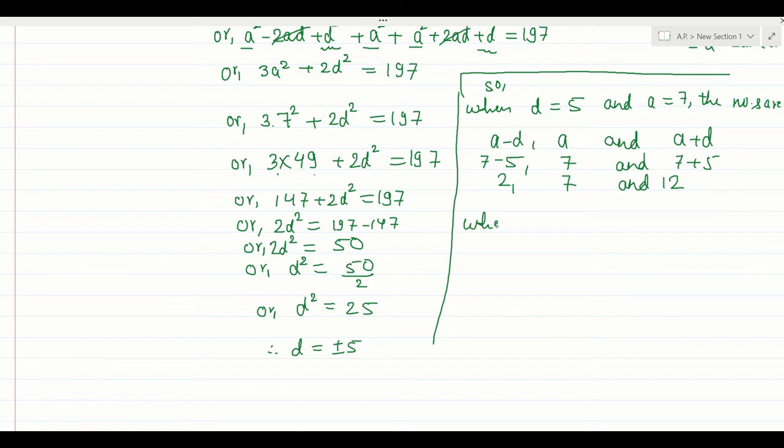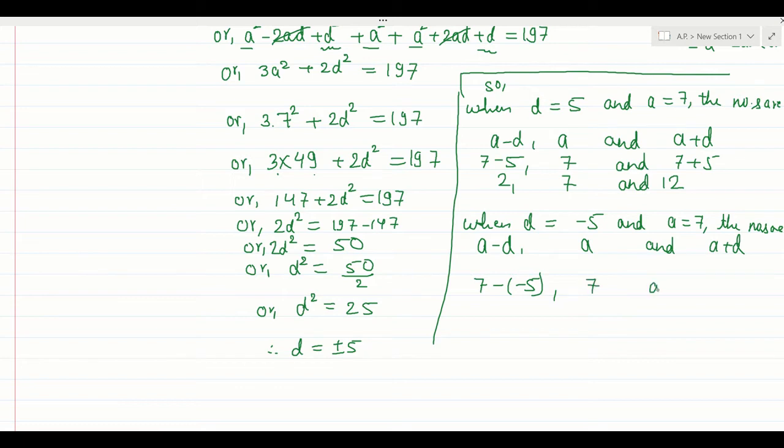Now when d is equal to minus 5 and a is equal to 7, the numbers are a minus d, a and a plus d. So a minus d means 7 minus minus 5, comma 7, and it is 7 plus minus 5.